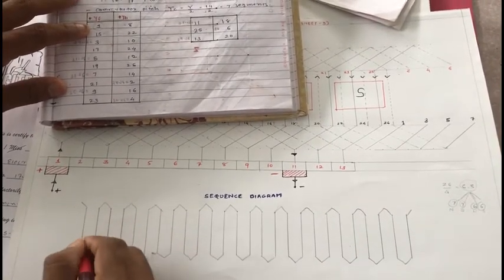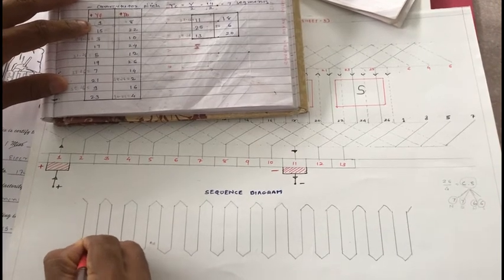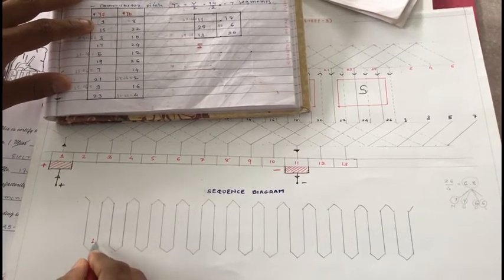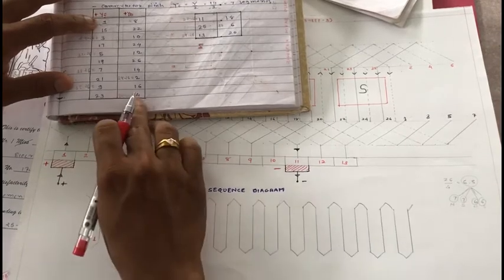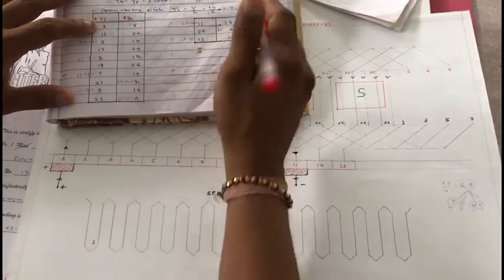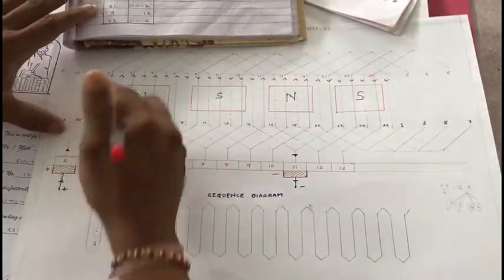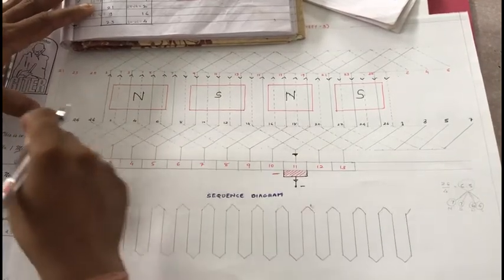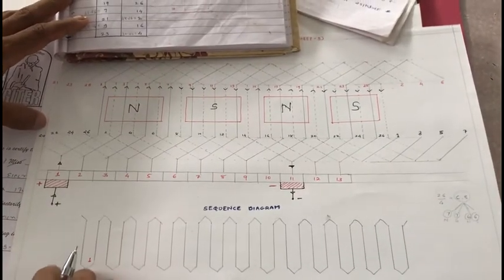Always give number 1 at the second conductor, and it is connected to 20, because this is a lower connection.